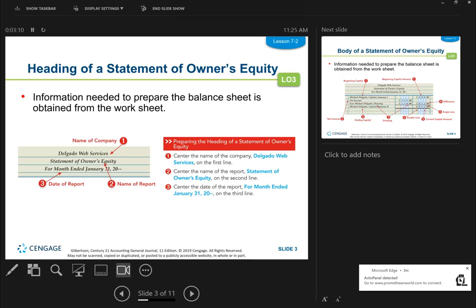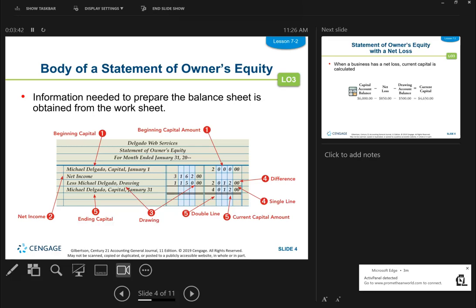It's the 3rd type of report we've talked about: the worksheet, the income statement, and now the statement of owner's equity. Then, like each previous report, you have a date that the report is covering. Everybody feel good on the heading here? No big deal.